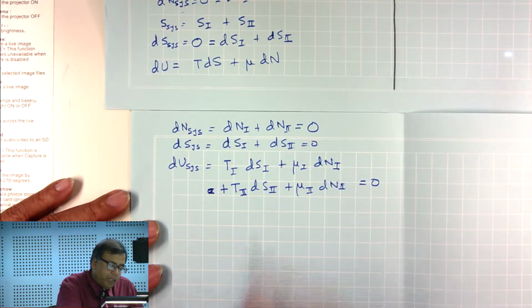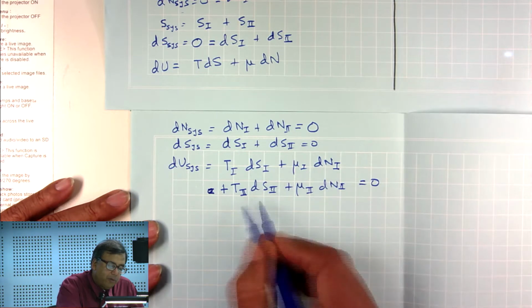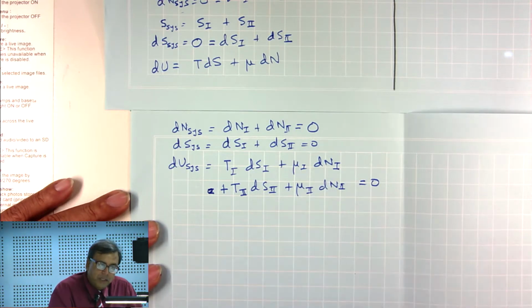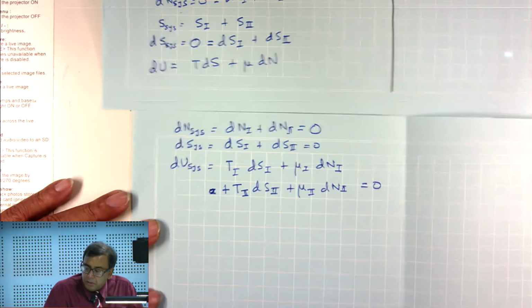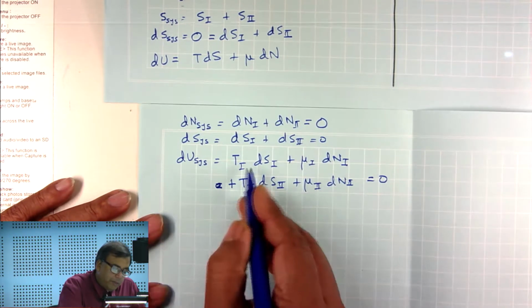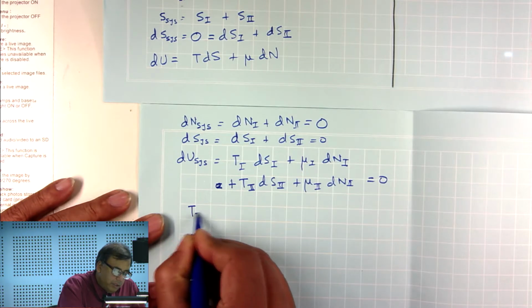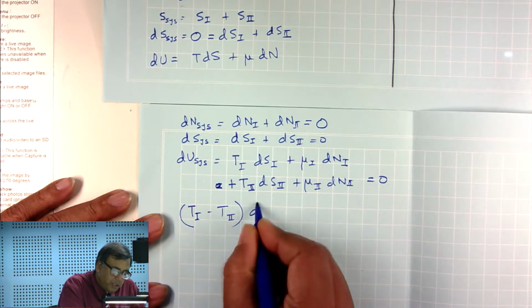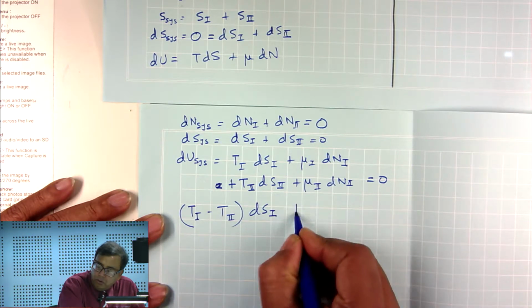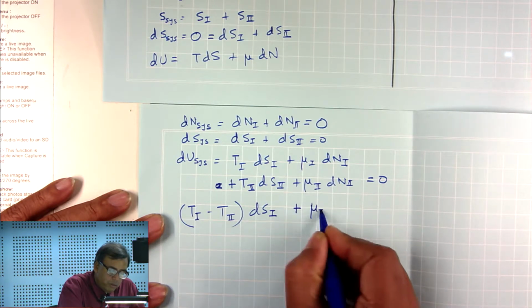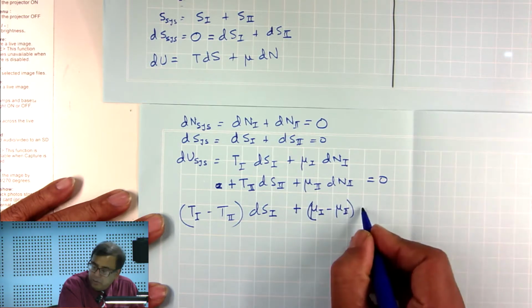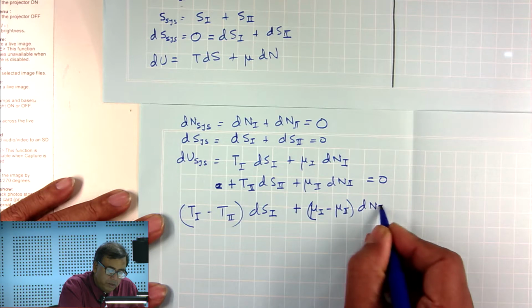But I know that my dS1 is equal to minus dS2 and my dn1 is equal to minus dn2, right. So, what I will end up with then is T1 minus T2 times dS1 plus mu1 minus mu2 times dn1 is equal to 0.